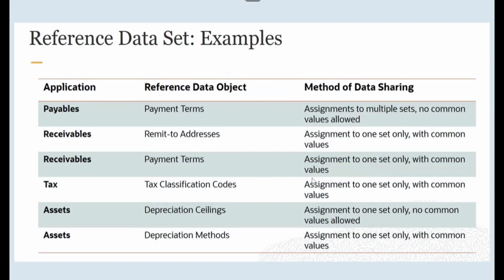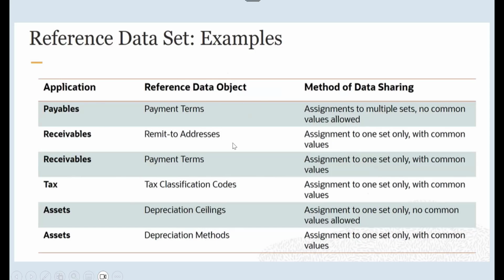These are the examples of reference data set sharing, as you see here, for payables, receivables, tax, and assets. As far as payment term in payables is concerned, the applicable method is assignment to multiple sets with no common values allowed.